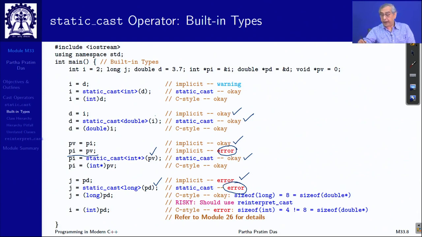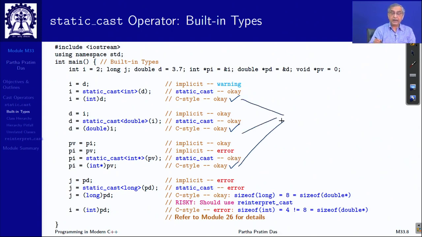Now, in parallel to this, I have also put the C style of casting in every place. In all of these three, the C style is possible, but our recommendation is never use them, because they are not safe, they cannot be easily searched, and so on.